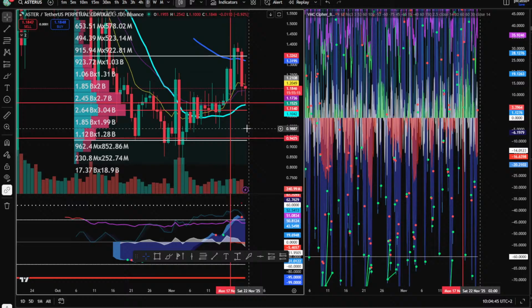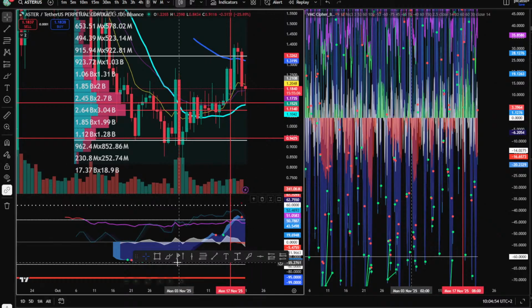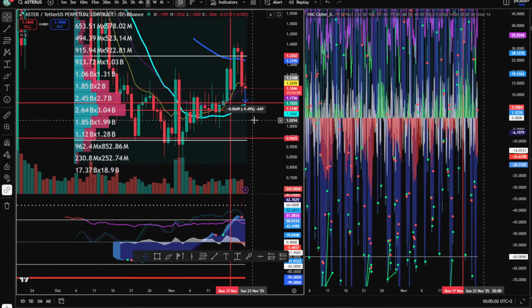I'm looking for quick trades. Still a few percent of a move. Look at this. 5% move. That's not bad at all.